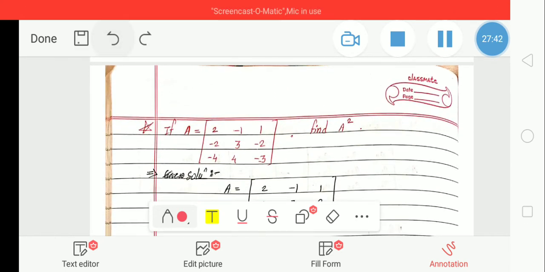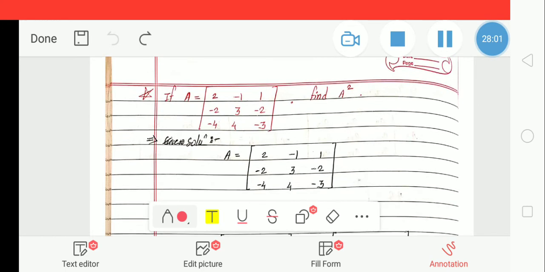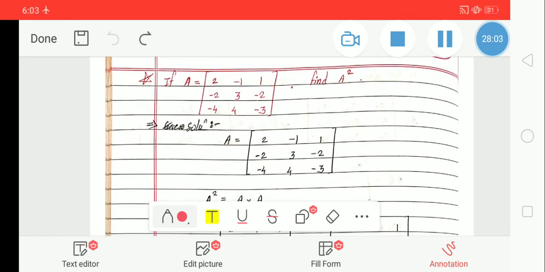Now if A is equal to 2 minus 1 1, minus 2 3 minus 2, minus 4 4 minus 3, find A square, means A multiplied by A. A square means A dot A, means A multiplied by A is equal to A square.